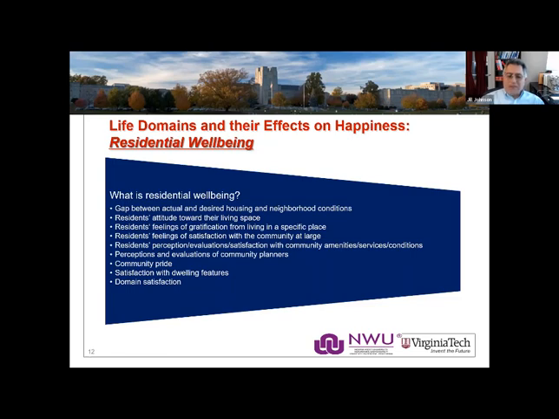I'm going to try to expand the screen so I can see you all. There you go. Residential well-being involves three dimensions: a dimension related to housing, another related to the neighborhood, and the third related to the community at large.